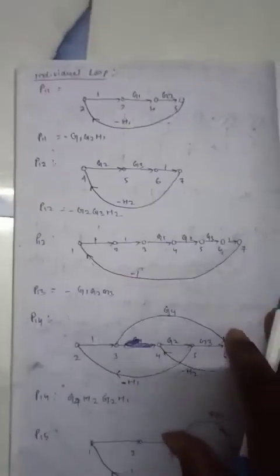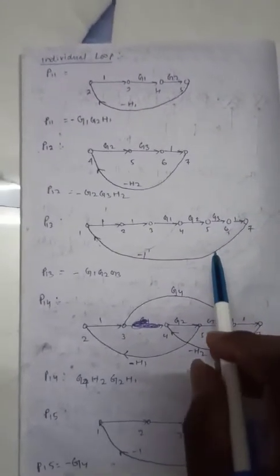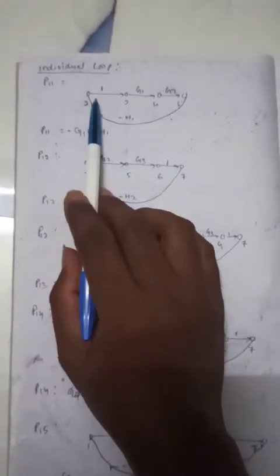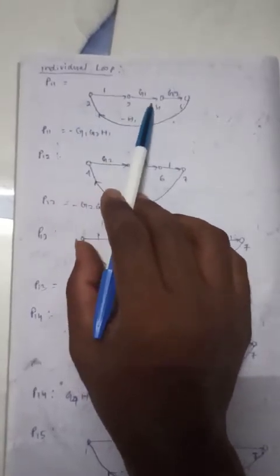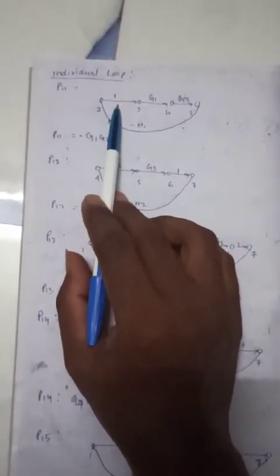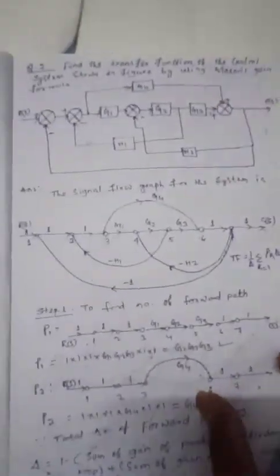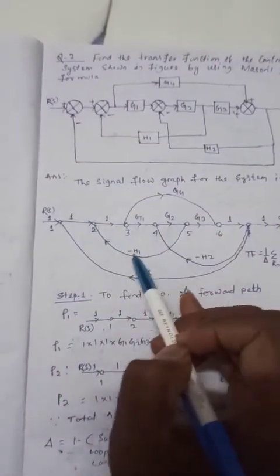Let us consider the first individual loop, P11. Let us consider this starts from 2 to 3 to 4 and 5. So the individual path gain is 1, G1, G3. So 2 to 5, this is one loop. Clear?